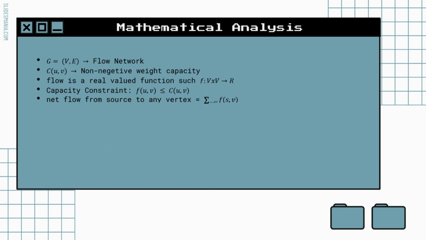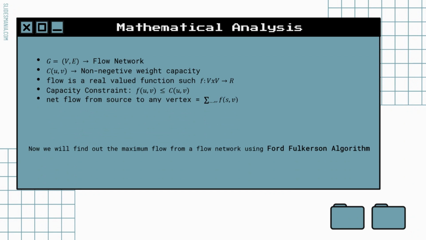Here the flow is a real valued function f: V × V → R, such that the capacity constraint is that the flow must be less than or equal to the capacity. The net flow from the source to any chosen vertex is the summation of the flow f(source, v), where the vertex v belongs to V.